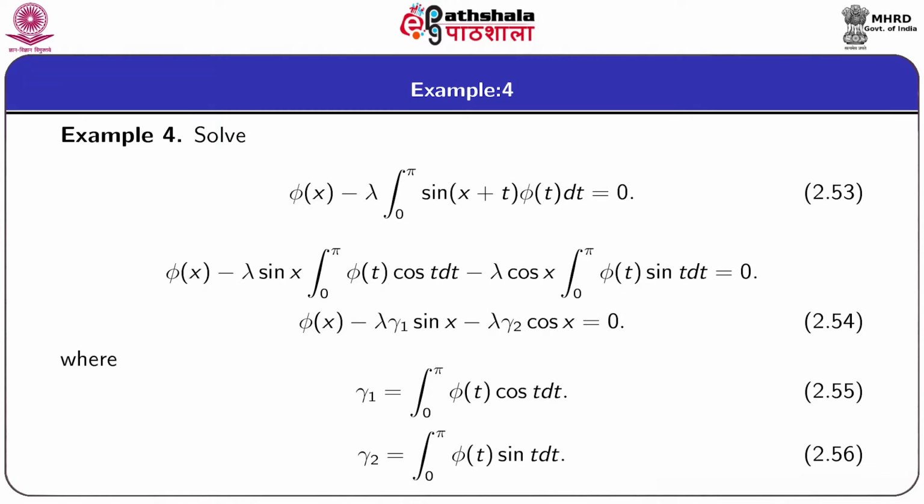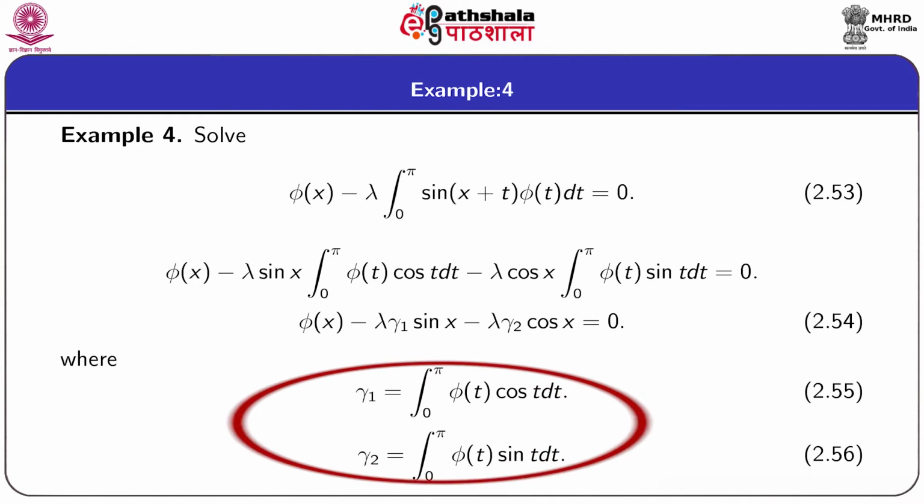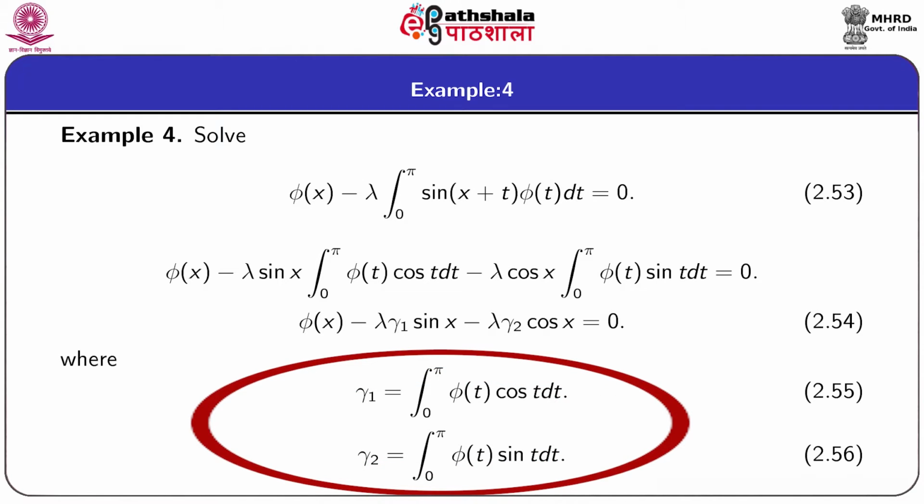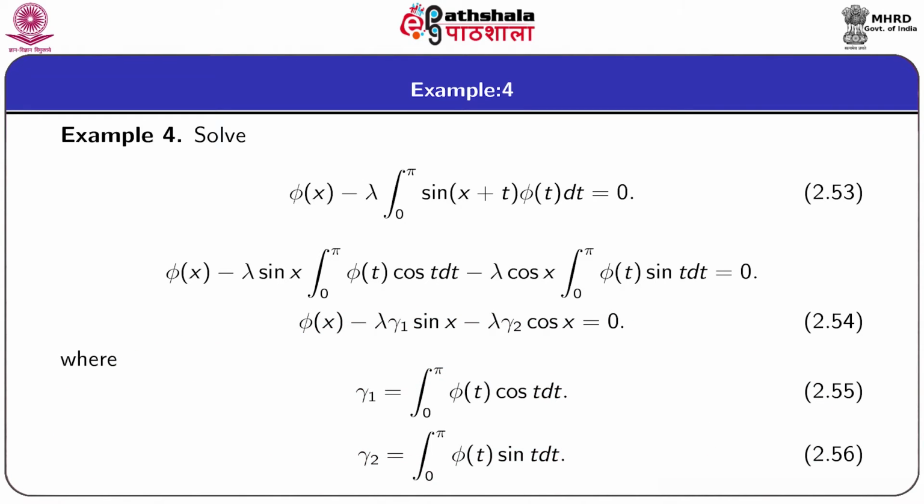As before, we substitute phi x from equation 2.54 into equations 2.55 and 2.56 to obtain the system of linear equations in gamma 1 and gamma 2 as given by 2.57 and 2.58.